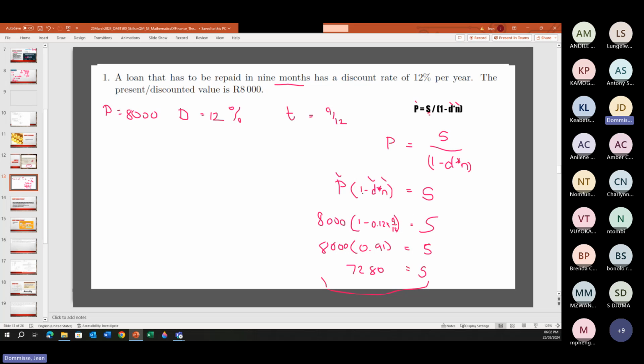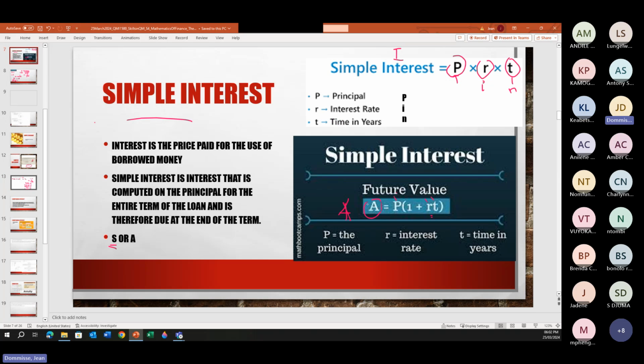They could have given us the future value and asked us to work out the present value, but what is important with simple discount, and that is how you can check yourself as well, is when you're doing simple interest, your future value will always be more than your present value, because it's interest that is accumulated on your present value, so you will pay more.